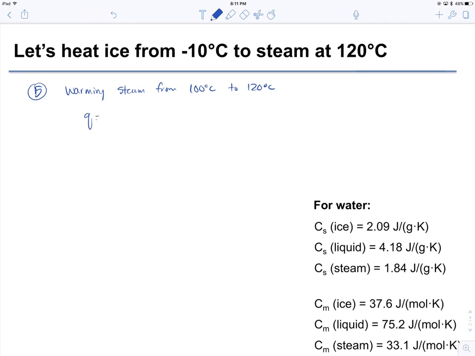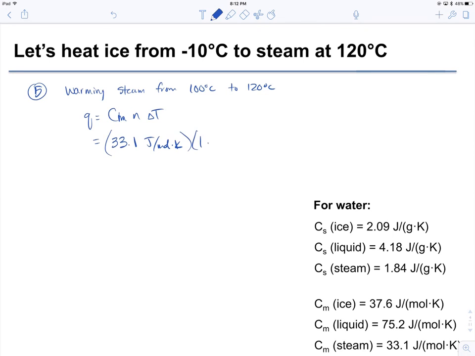Q is going to be equal to Cm times n times delta T. So Cm is 33.1 joules per mole Kelvin. We have to remember to use the correct C, the heat capacity, for the right phase, because there is a change depending on what phase we're in.